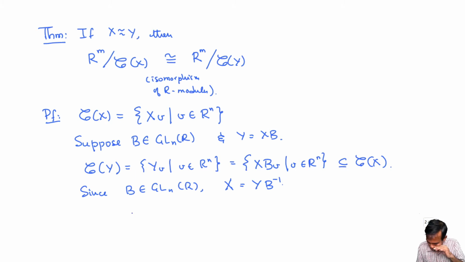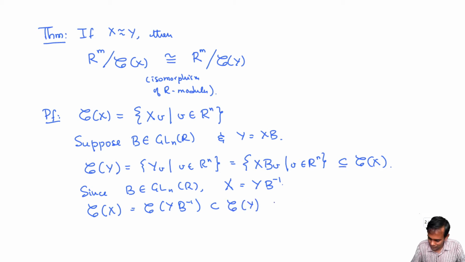So then I can apply the same argument by replacing the role of X with Y and B with B inverse, and I get that the column space of X is equal to the column space of Y B inverse, which we'll see is contained in the column space of Y. So then together this means that the column space of X is equal to the column space of Y.